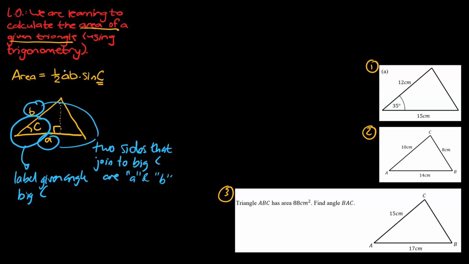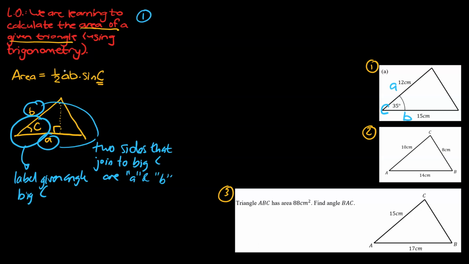We'll start off with question 1. We need to label the given angle big C. We've been given this 35 degrees, which means that angle there will be C. The 2 sides that join to make that angle will be A and B. What we're then going to do is start working.